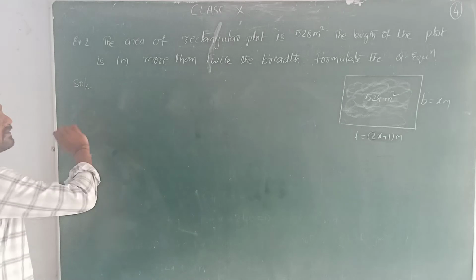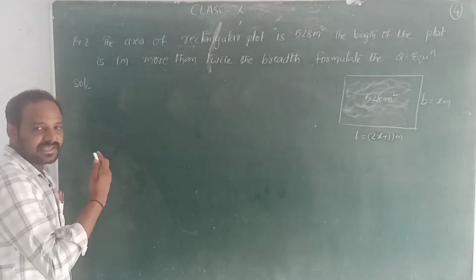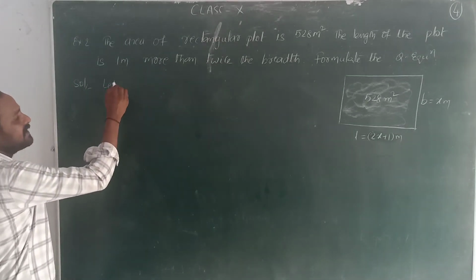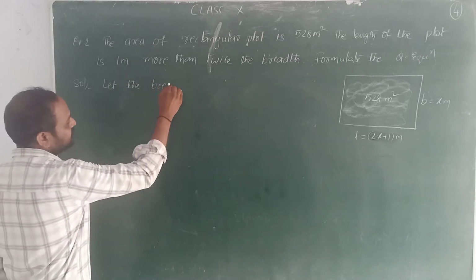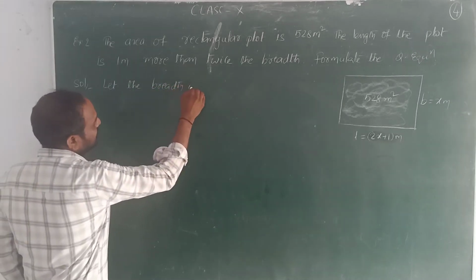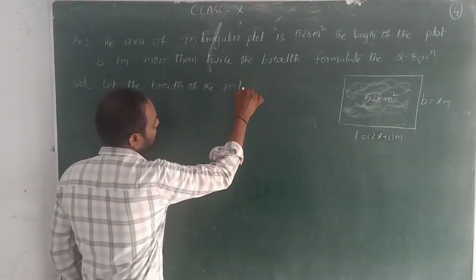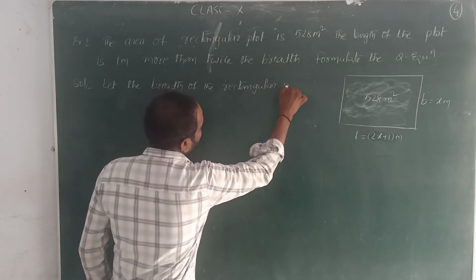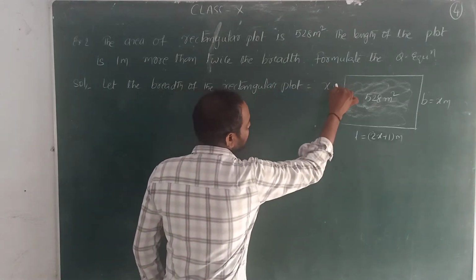So now we are going to start. We don't know the breadth first. We know the length of the rectangular plot. So first we assume that let the breadth of the rectangular plot is equal to x meter.